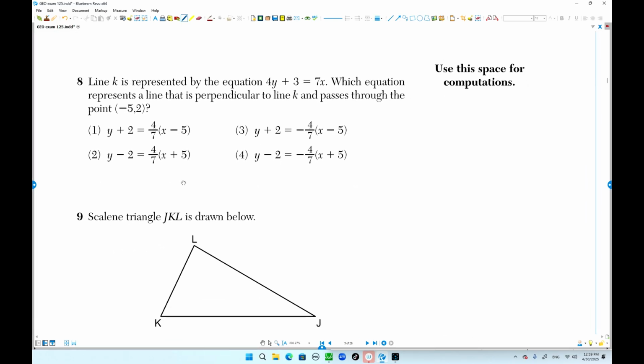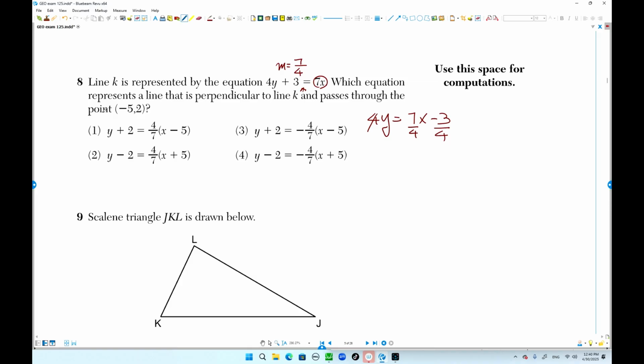Number 8. Can you represent it by the equation 4y equals, okay, over here. Which equation represents a line that is perpendicular to this line K? Perpendicular is what? 4y equals 7x minus 3. When you divide by 4, the slope of this one is 7 over 4, right?